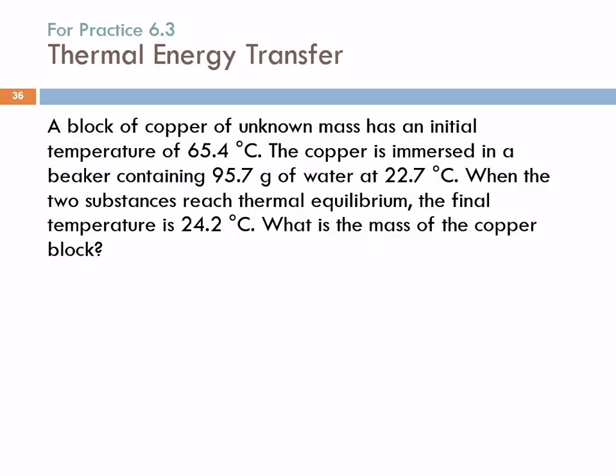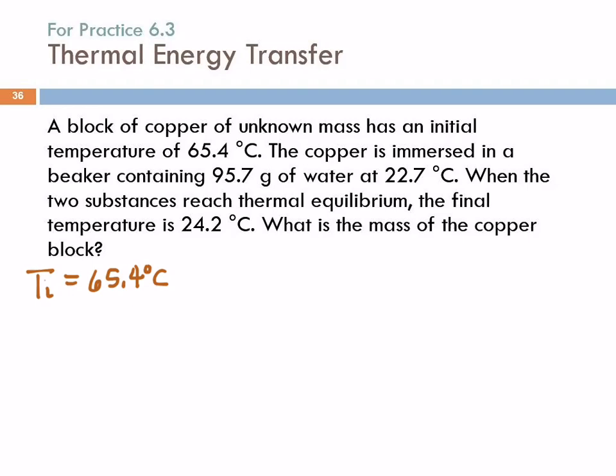So let's do a problem like this. A block of copper of unknown mass has an initial temperature of 65.4. Let's write all this down. I'm going to use orange for the copper stuff. So initial temperature of the copper, 65.4 degrees Celsius.